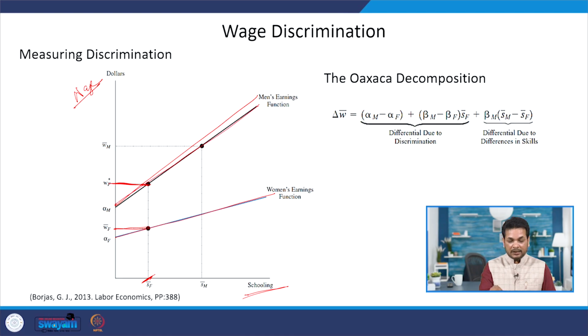So, this is the men's earning function. This difference shows that there is some kind of discrimination, and any difference between these two also shows some kind of discrimination in the labor market.